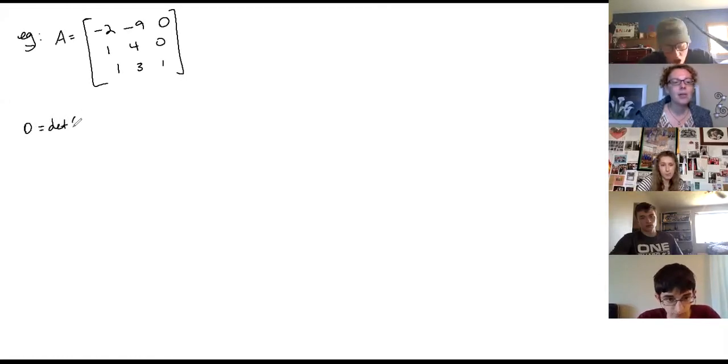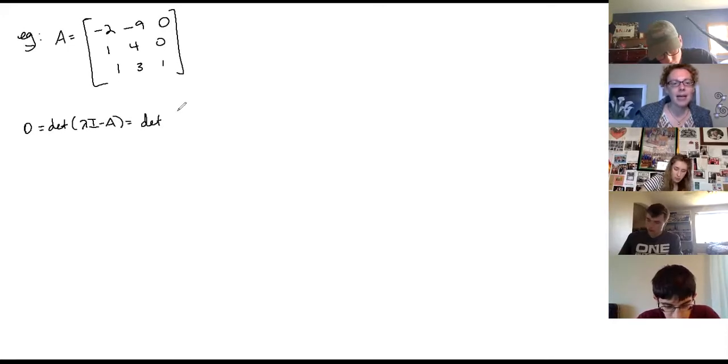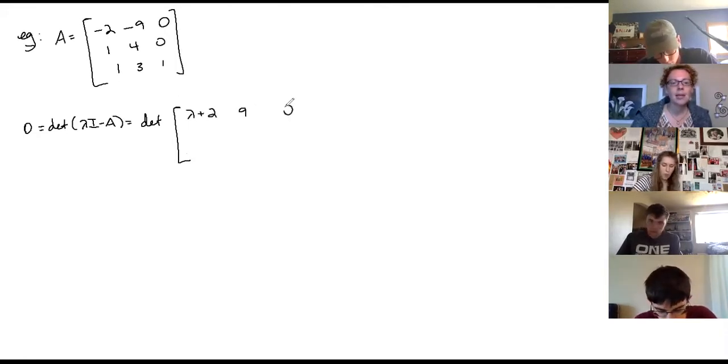So 0 equals the determinant of lambda I minus A. That's going to be the determinant of, careful, lambda plus 2, 9, 0, -1, lambda minus 4, 0, -1, -3, lambda minus 1.